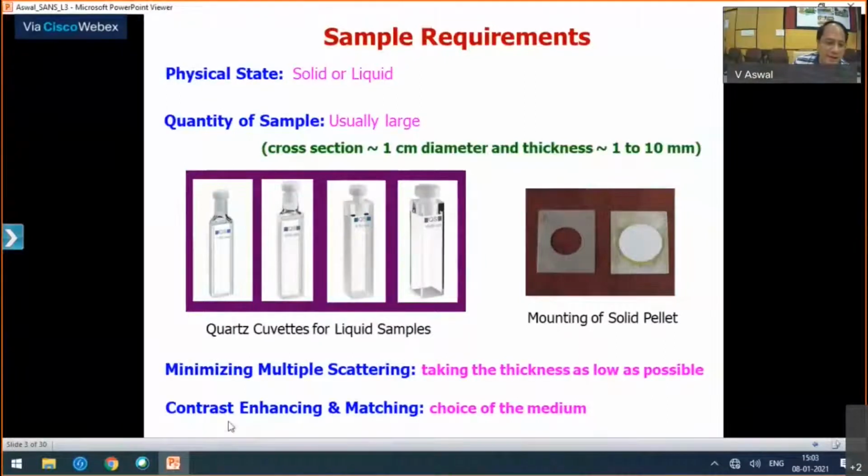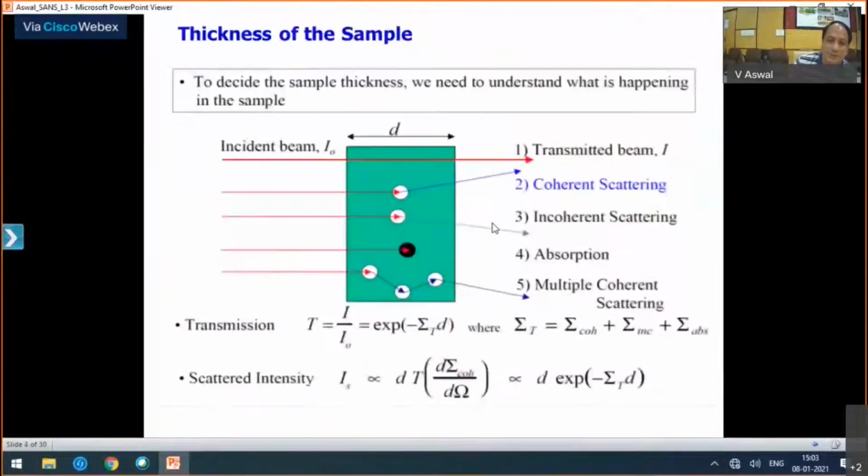And as I said in the last lectures, what is important is that you have some idea about how you can do the contrast enhancing and matching in your system, so that you take the proper choice of the medium. These are very, very important things before you start doing your experiment or prepare your experiment.